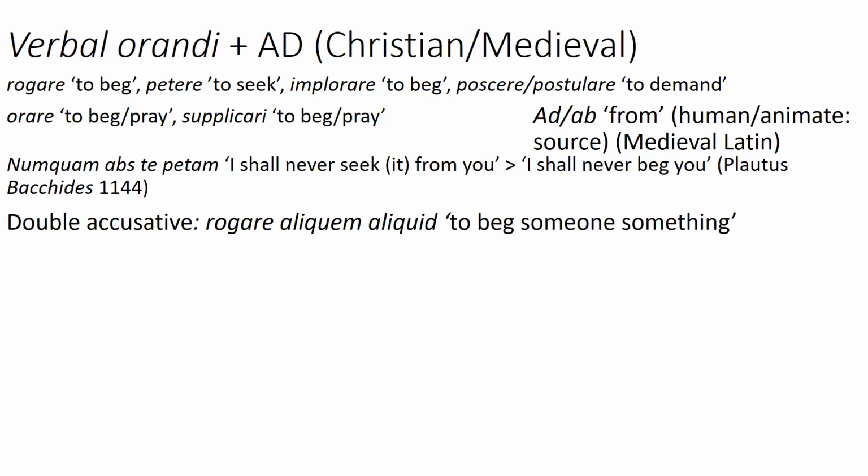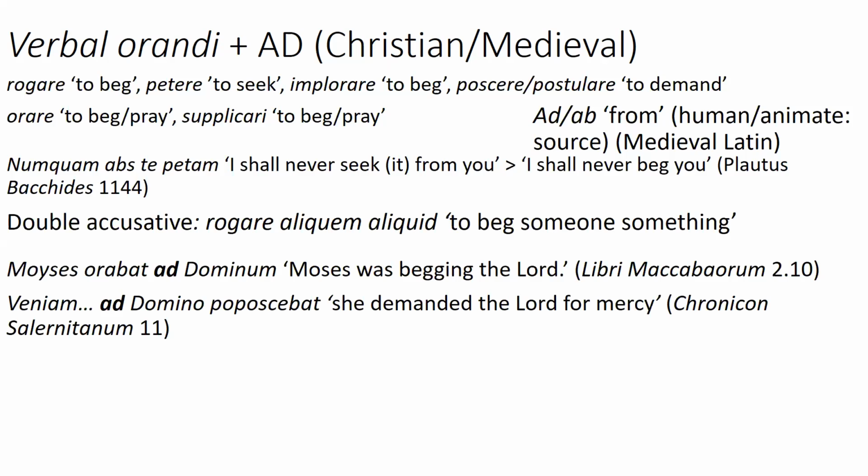And of course, throughout the history of Latin, the use of a double accusative with verbs of begging is common. So, rogare aliquem aliquid, I beg someone something. Aliquem, morphological accusative. And of course, in the Christian and medieval era, we get examples where ad, similar to the Plautus example, is directly construed with the verbs of begging.